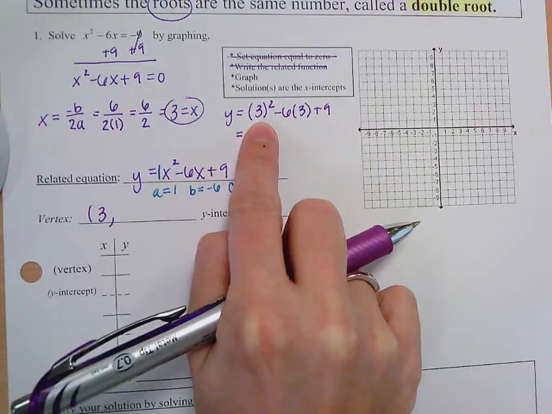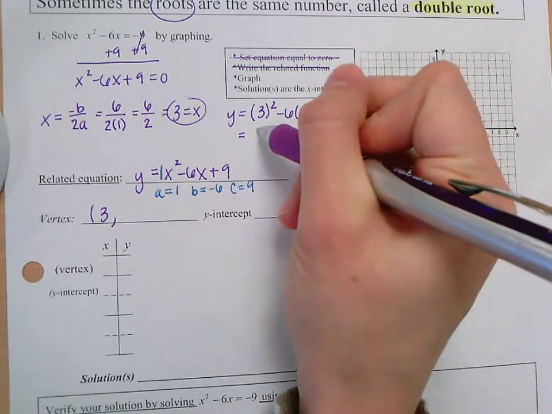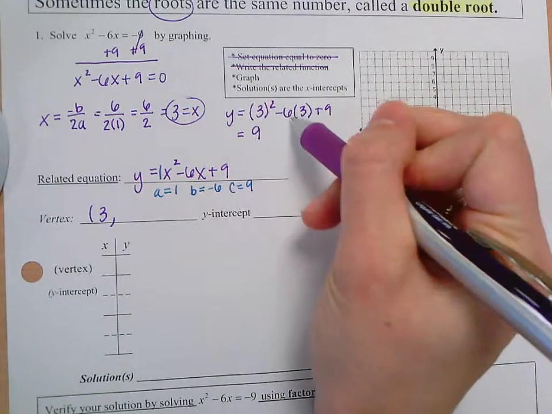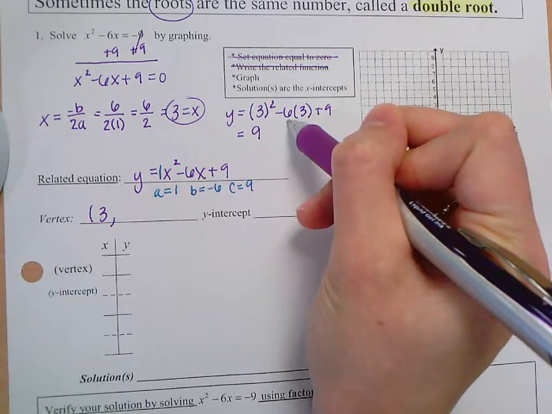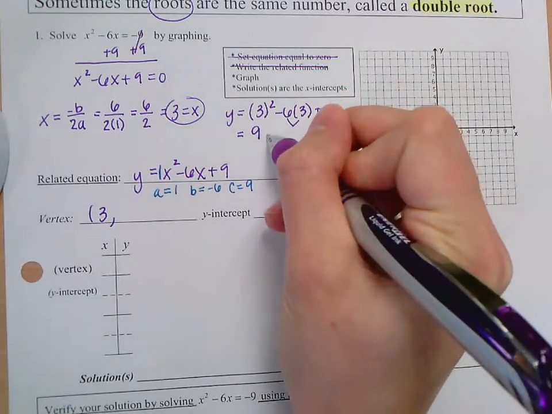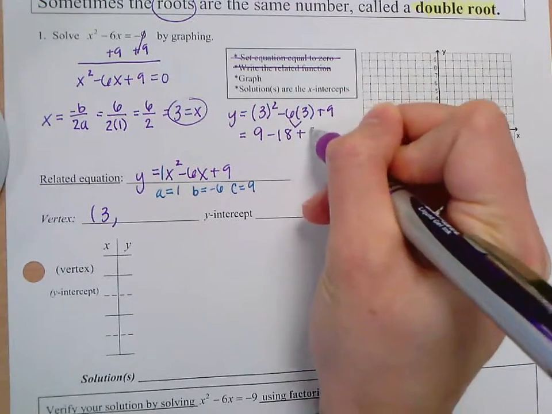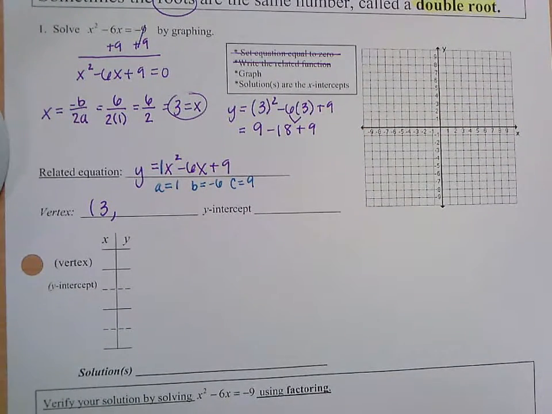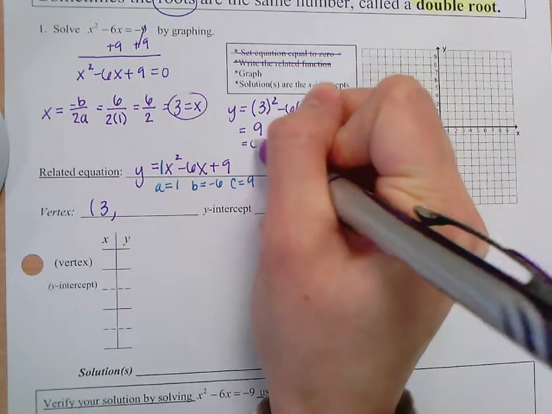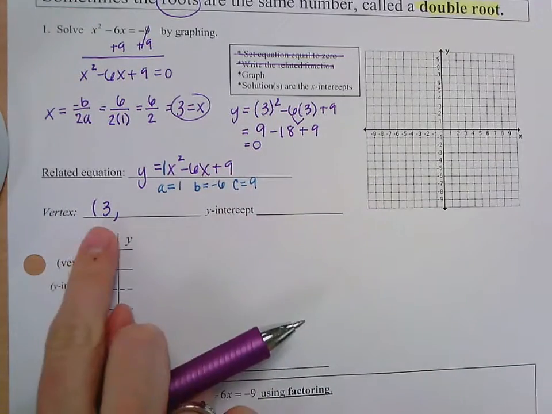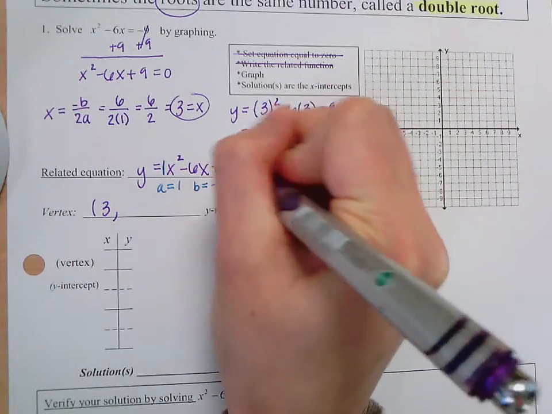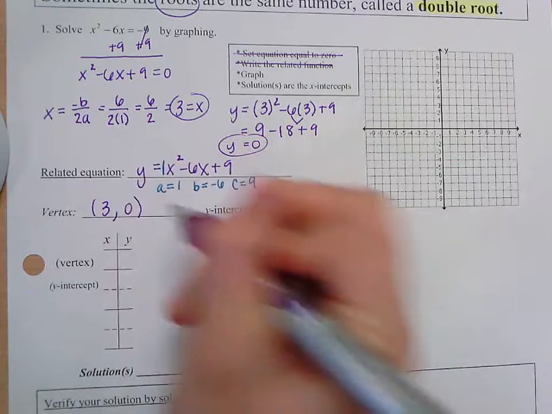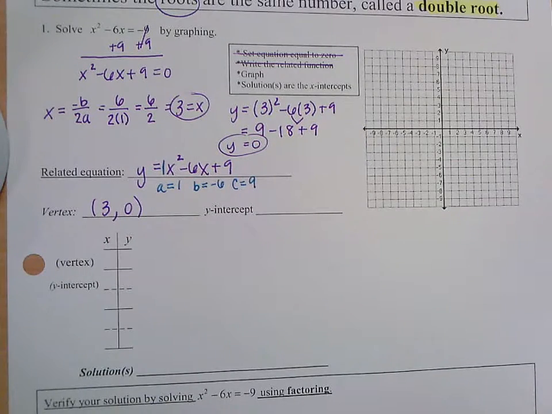What is 3 squared? 9. And then I'm going to do this multiplication here right away. Then minus 6 times 3 would be minus 18. And I have the plus 9. So if I do 9 minus 18 plus 9, I get 0. Okay, so my vertex, this is my y coordinate then. My vertex is 3, 0.